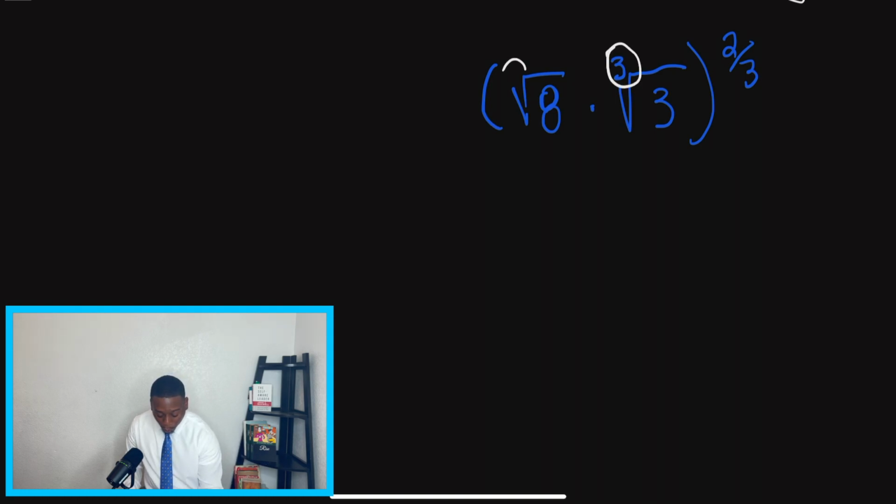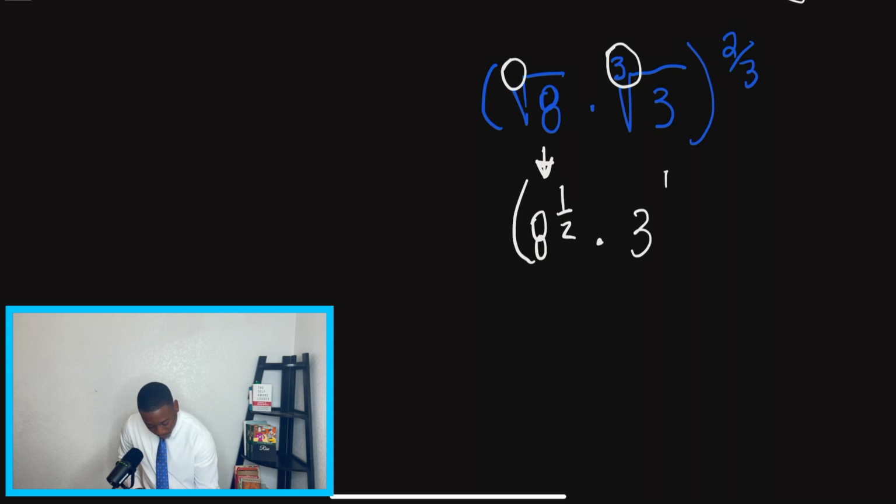We have a root of 3, and when there is no number in the root, we should always assume that it is 2. So what we're going to do is rewrite this in the fractional exponent form. So we have 8 to the 1/2 power times 3 to the 1/3 power, and we're going to take both of these to the 2/3 power.